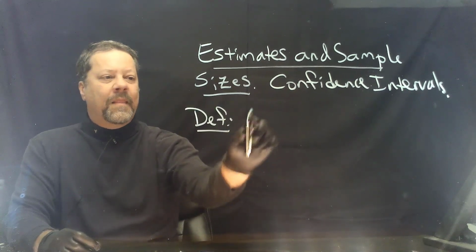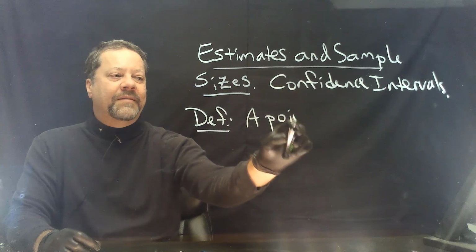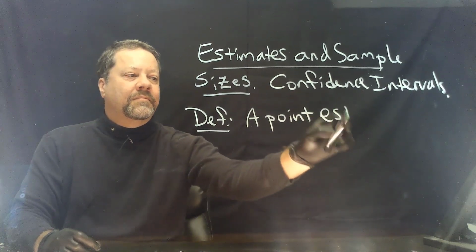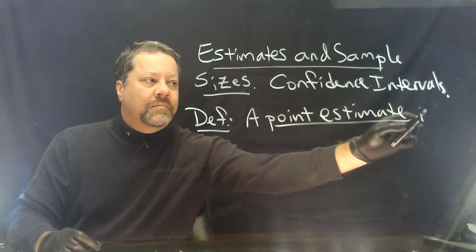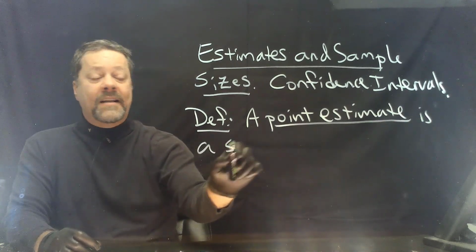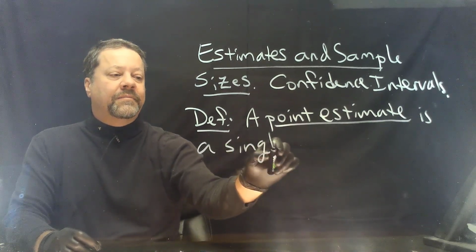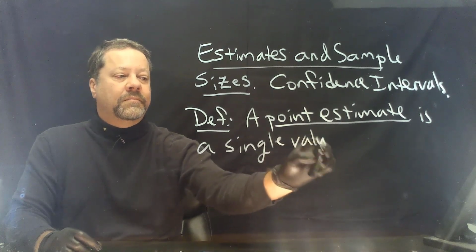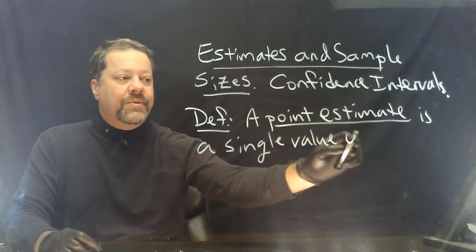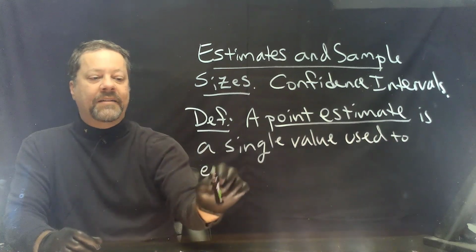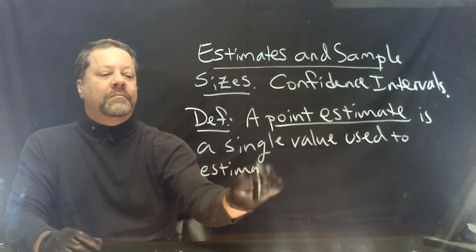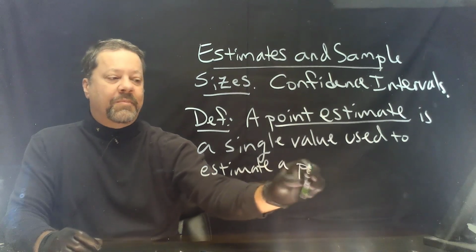First, a point estimate is a single value that is used to estimate a population parameter.